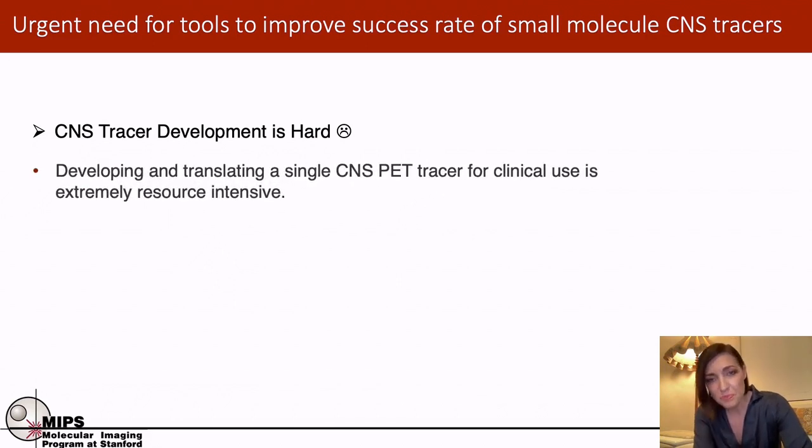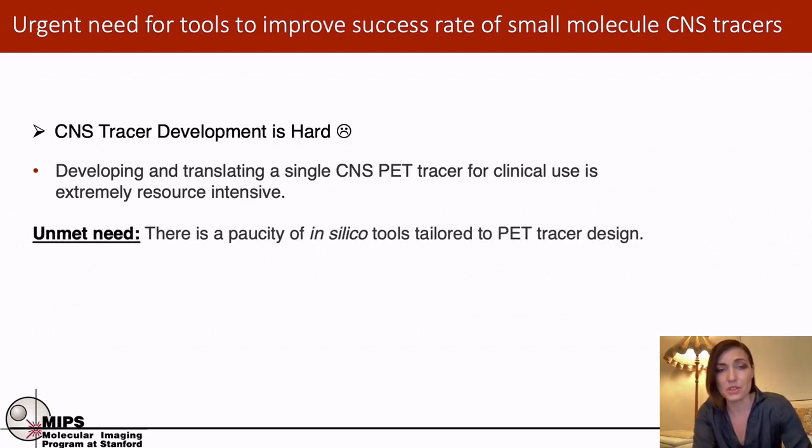And really, predicting CNS uptake and non-specific binding of tracers prior to the in vivo testing stage remains a significant challenge. And it's really quite resource intensive, as you can imagine, especially for a small academic lab. So there really is this unmet need for in silico tools in particular that are tailored to PET tracer designs that can help us to decide and prioritize particular molecules that have a higher likelihood of success.